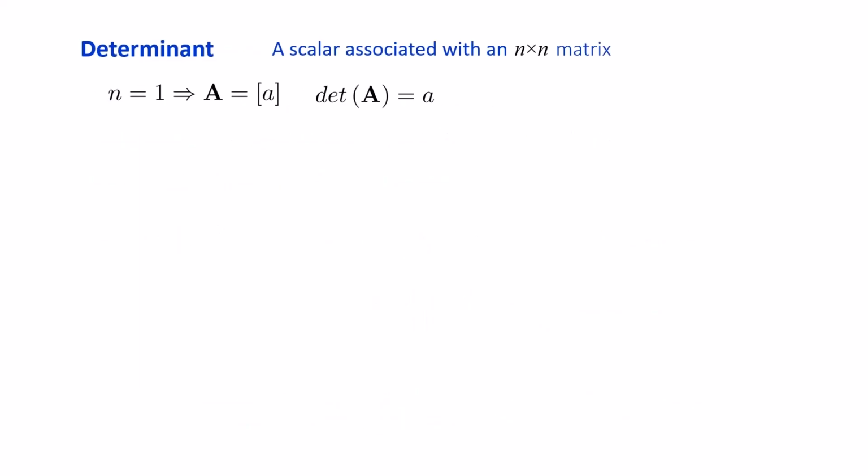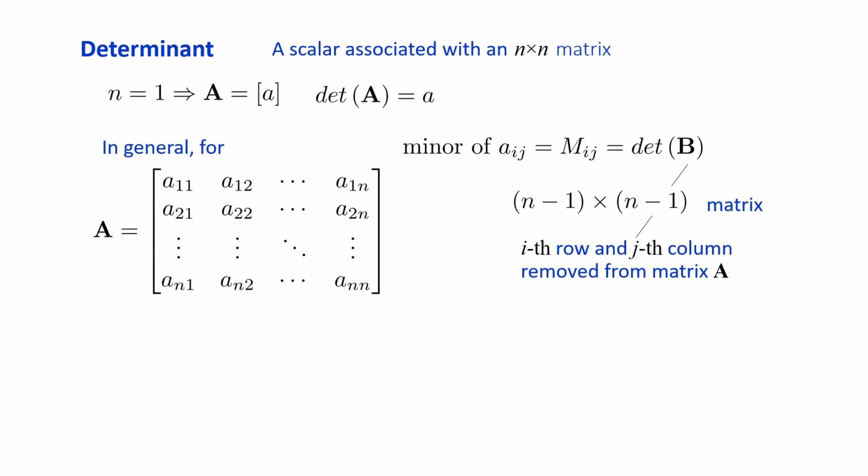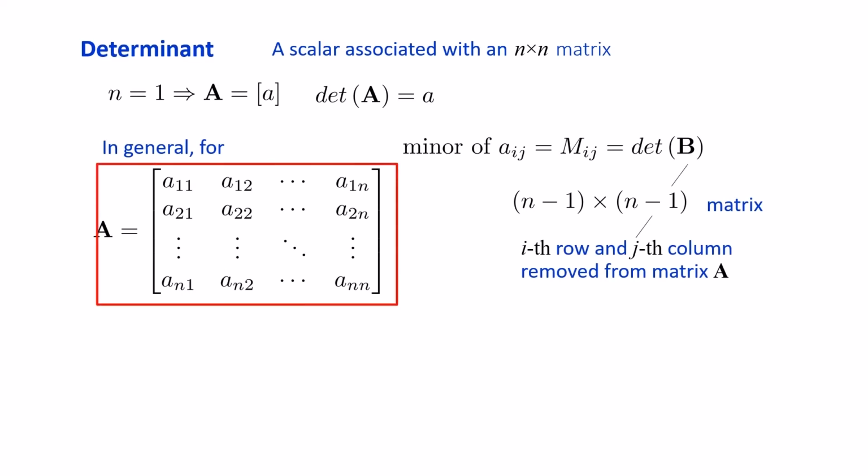Let us now have a quick review of determinant. A determinant is a scalar that provides some sort of a magnitude of a square matrix. For a matrix with one element, determinant is simply the value of that particular element. If we wish to find the determinant of a general n by n matrix, where n is greater than 1, first we look at the minor.